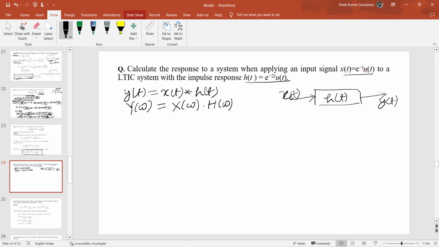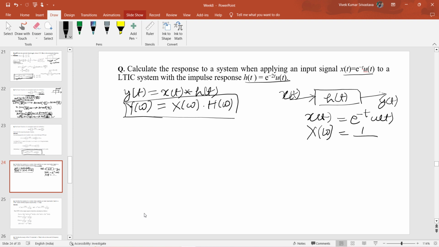Okay, so now we will use this relation so as to evaluate the output, that is y of omega. So x of t is given to us, which is equal to e raised to the power minus t into u of t. Once you evaluate x of omega, you will get 1 over j omega plus 1.